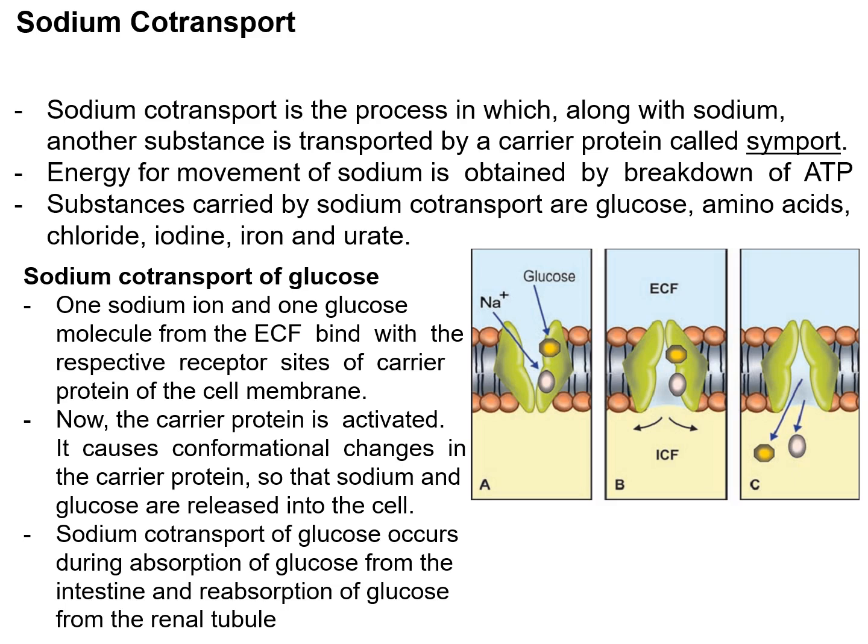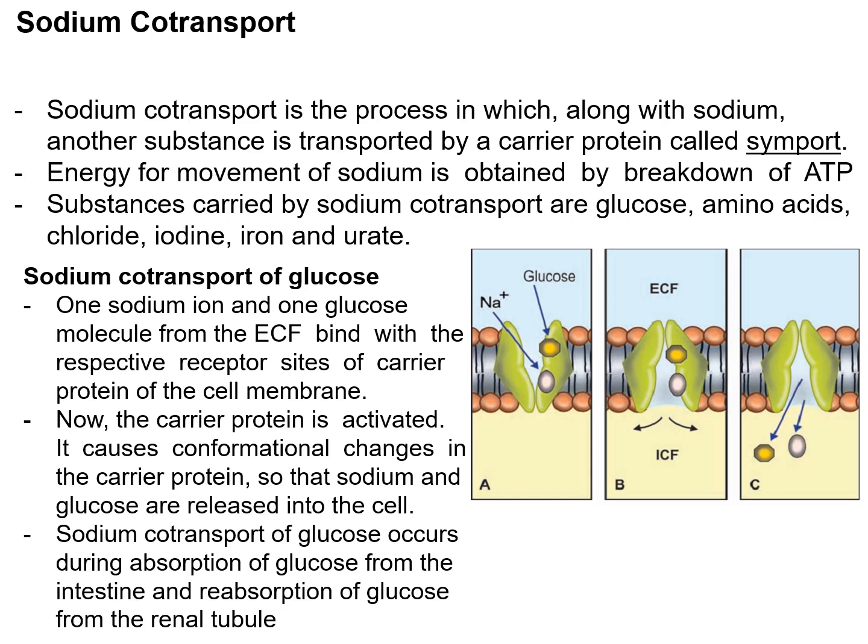But this carrier protein has 2 binding sites, one for the sodium and one for another molecule like glucose or amino acid, if they move in the same direction, or a binding site for calcium or proton if they move in the opposite direction to the sodium. In this example, we are talking about the co-transport, which is in the same direction.